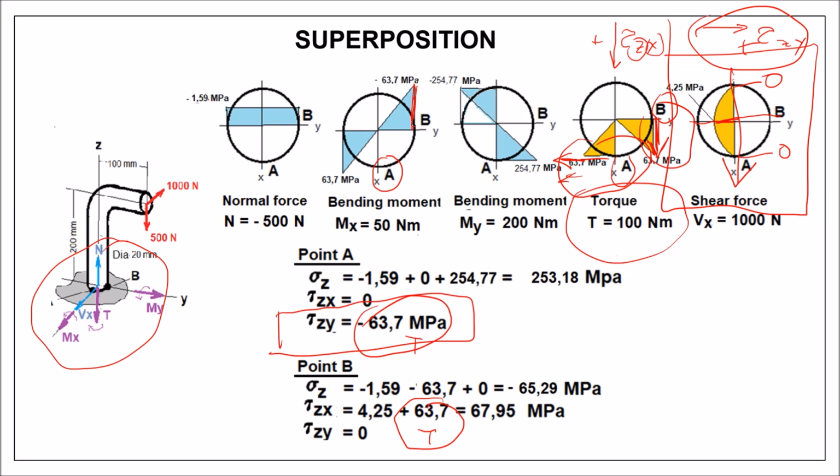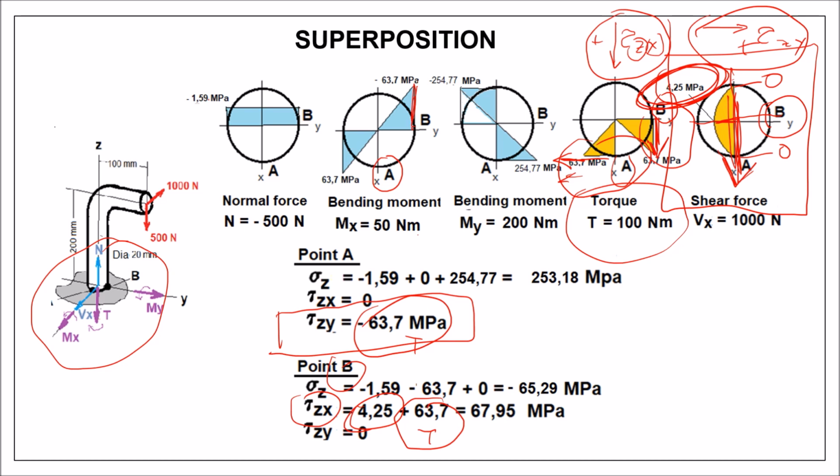So this stress is a tau zx stress, and in point B, the tau zx value is, as we have calculated for the shear, 4.25 positive.